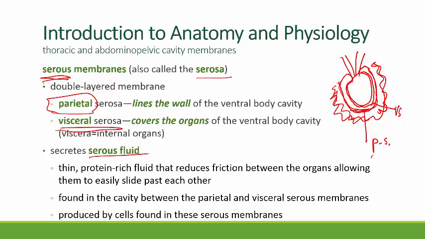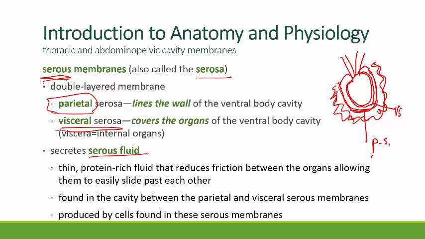The serous fluid is thin, very slippery because there's a lot of protein in it. There's even some enzymes in there that help to maintain that slipperiness. And it reduces friction as, for instance, in the case of the heart, as the heart is beating, it doesn't scrape against the rough connective tissue of the mediastinum. Instead, it glides past as the heart with its slippery visceral serosa is relaxing and contracting, relaxing and contracting.